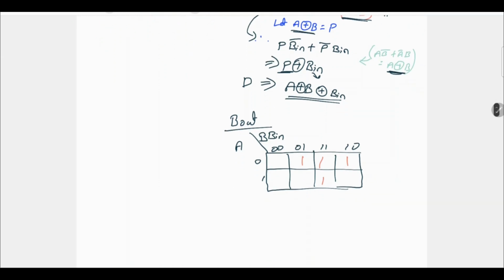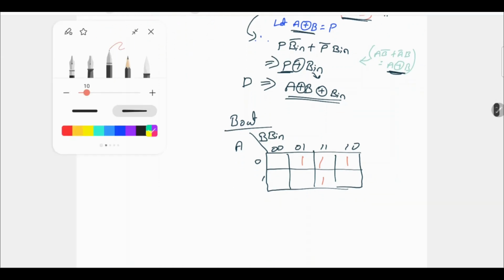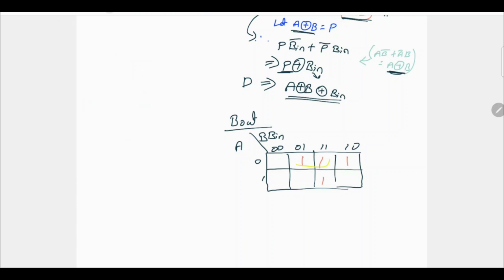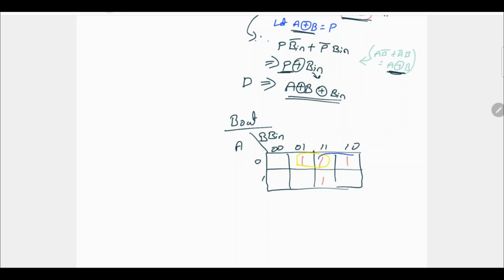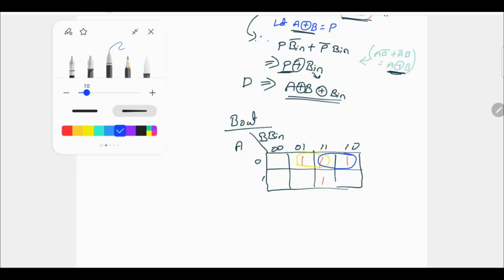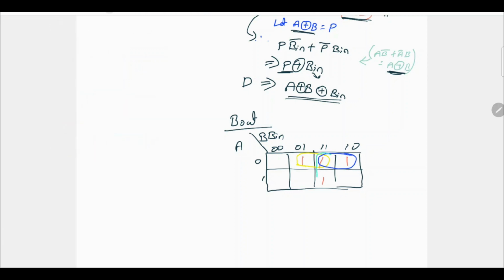Here B out is 1. So if we group these, we take this as a group, this is another group, and finally this is another group. So these are the 3 groups.